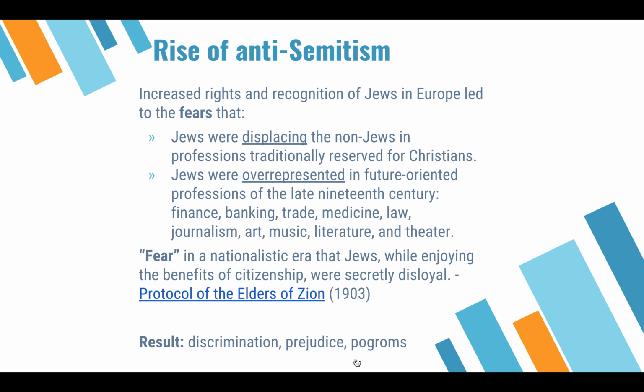Okay? And this was something that was perceived as a threat. The other fear among many Christian Europeans was that Jews were overrepresenting their population in certain professions. And what we mean by overrepresentation is that there would be more people, percentage-wise, in a certain field than there would be in the general population.